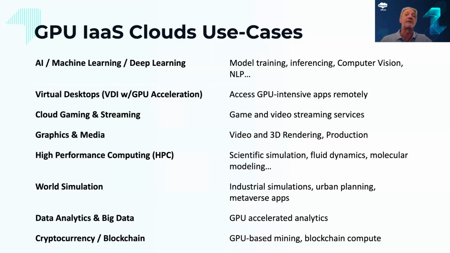Here is how these workloads translate into real cloud use cases: artificial intelligence training and inference, GPU accelerated VDI for many different workloads, and cloud gaming. I think GPU as a service started with cloud gaming. There are other kinds of use cases as well: HPC simulations, analytics, and so much more that need GPU as a service.